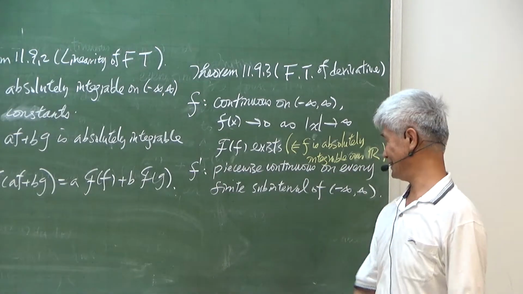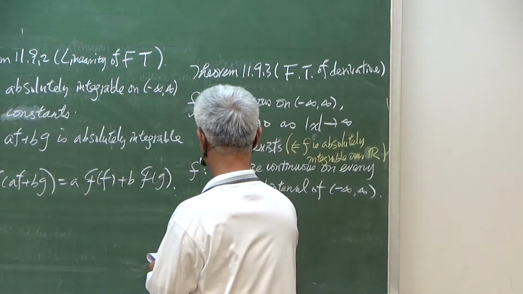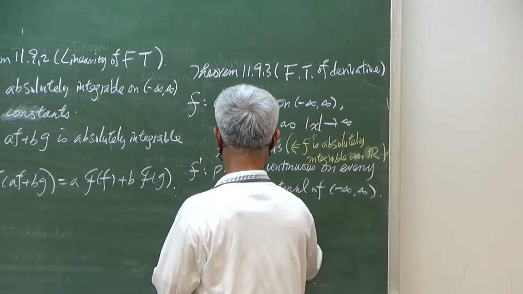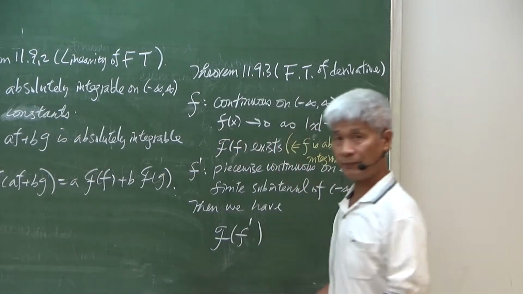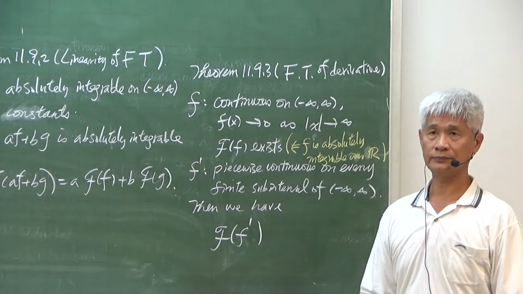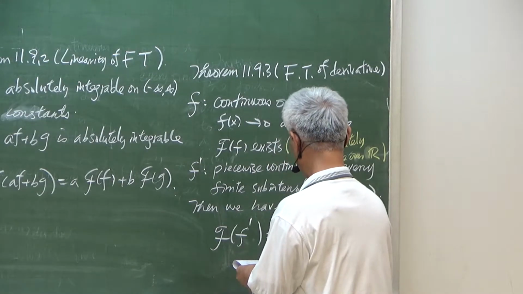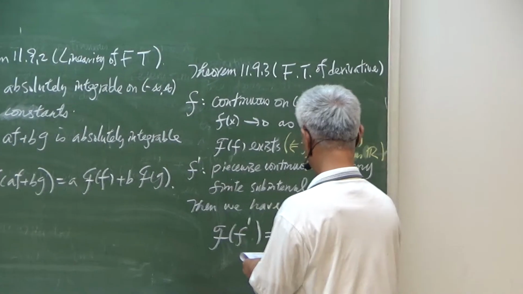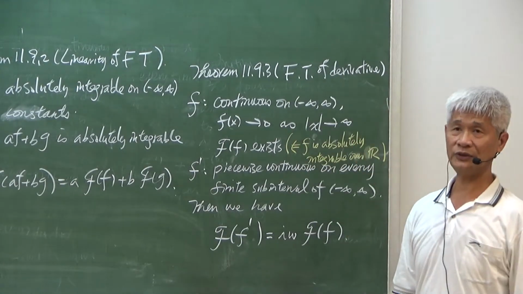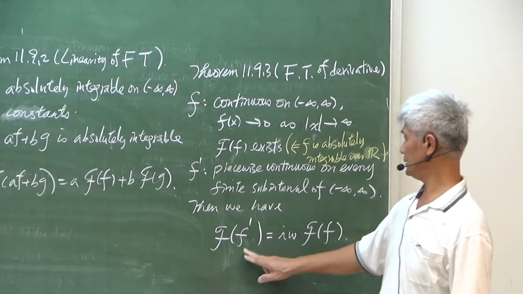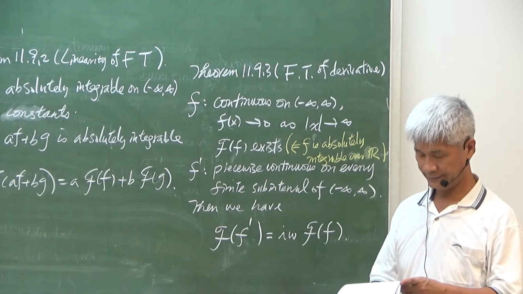If so, then we have the formula: the Fourier transform of f prime exists, of course, and is equal to i w times the Fourier transform of f. Very clean, right? We have this nice formula.